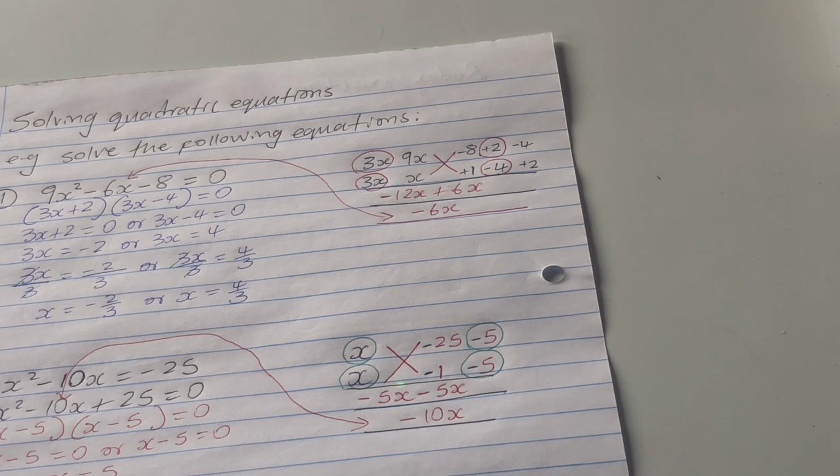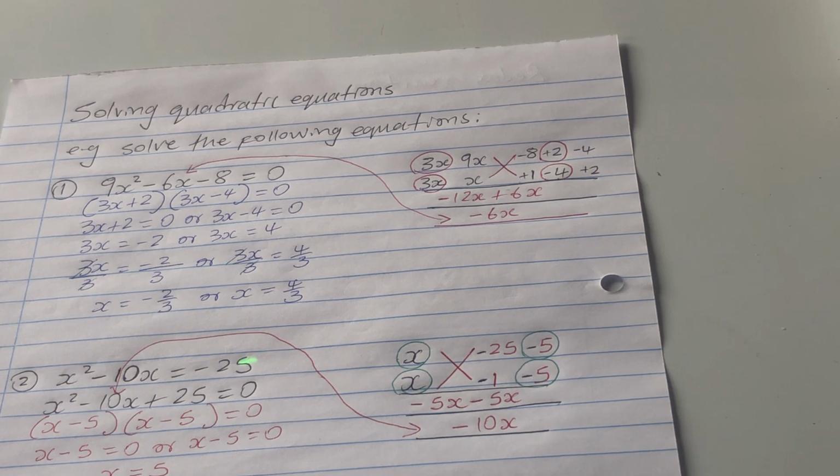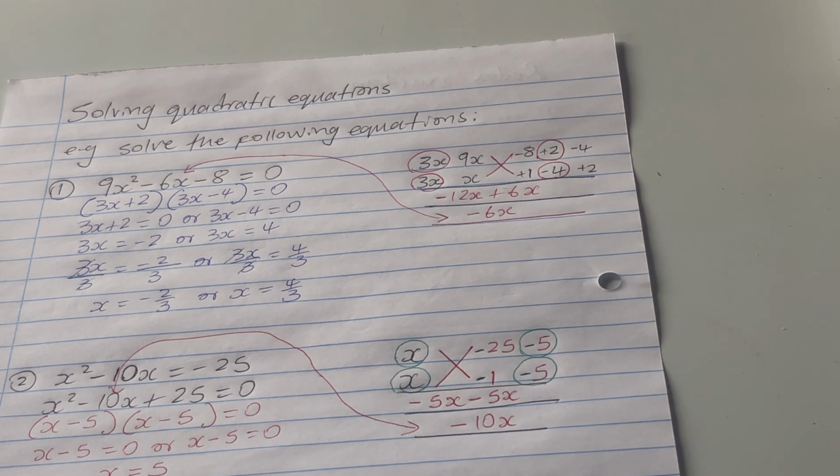When we add these two, we get minus 10x, which is our middle term. Then you group them this way: open bracket, x minus 5, close bracket, open bracket, x minus 5, close bracket, equals 0.